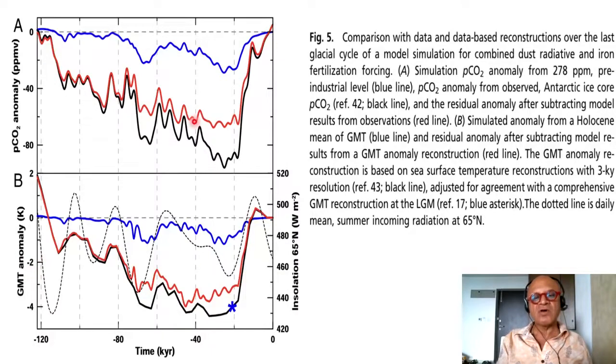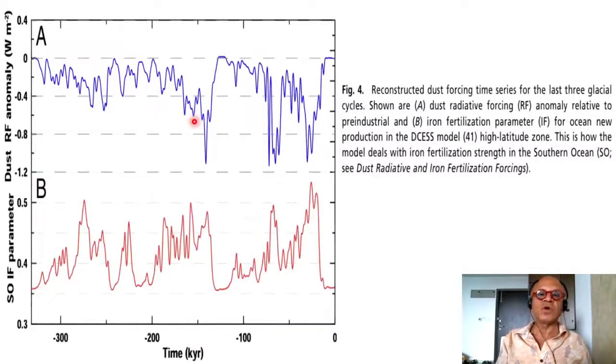You can see how radiation forcing works, and this is the reconstructed dust forcing time series for the last 3 glacial cycles. I won't go into the details, but radiation forcing in watts per meter squared can be substantial in spikes, and this is the Southern Ocean iron fertilization parameter, which can also be very strong based on how high the dust loading is.